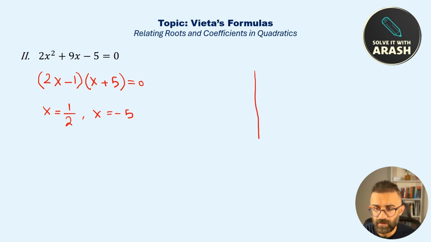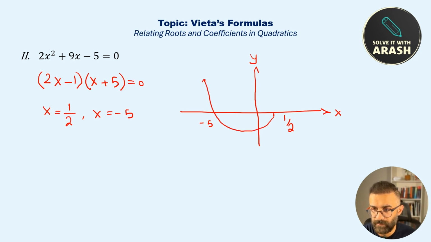Again, let's draw the graph just for fun. One x-intercept is at -5, and the other one is at 1/2. The leading coefficient is positive, so the parabola opens upward again. Okay, not too bad. Now, since we're looking for the sum and product of the roots, and we have the roots, we can easily calculate them.